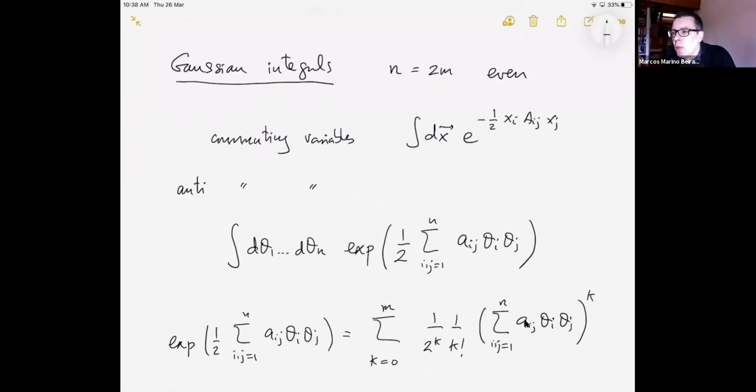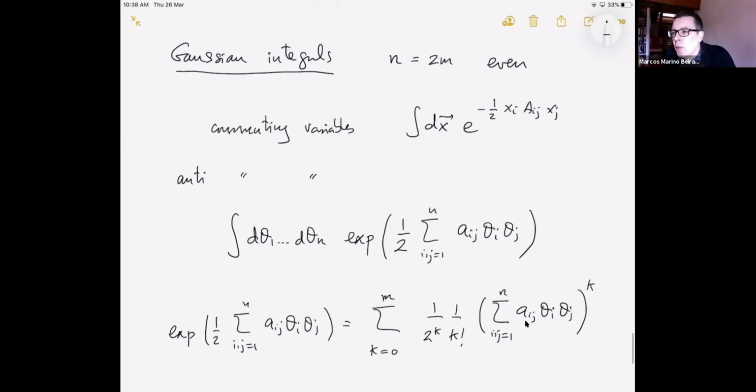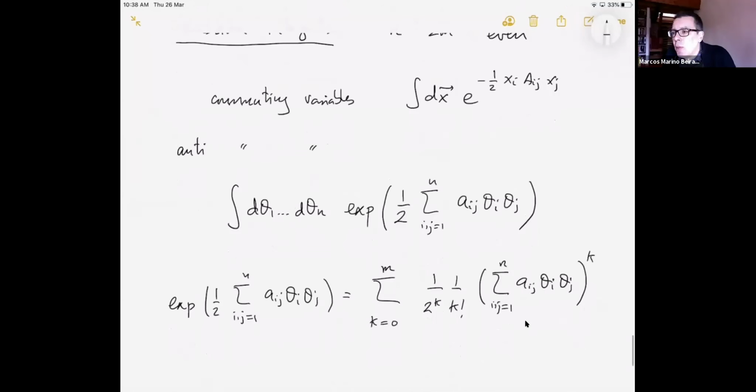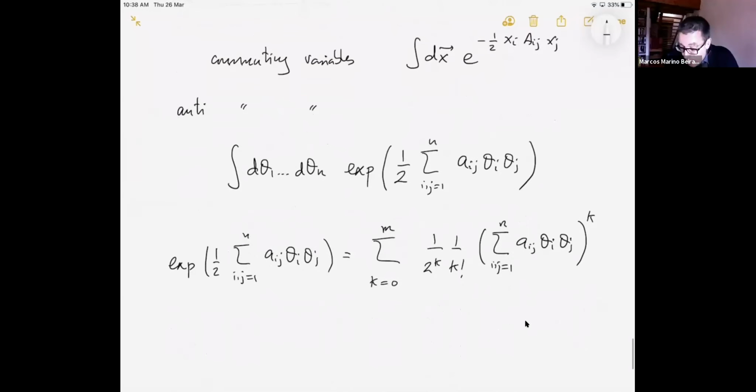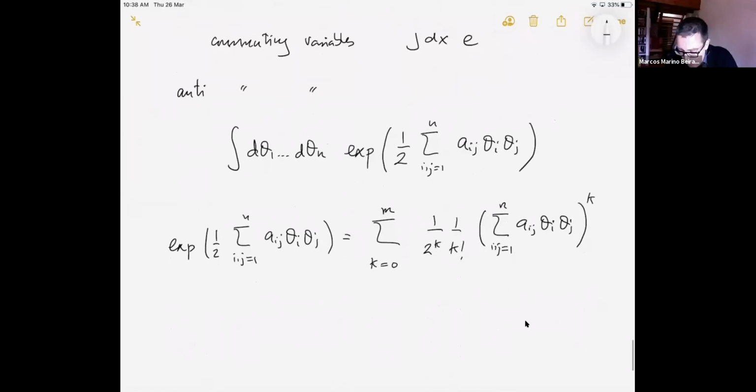Again, that's a beautiful property of exponentials of Grassmann variables. They truncate. They are not infinite series, but just polynomials. In Grassmann variables, everything reduces to a calculation with polynomials. So this is an exact formula for this exponential.